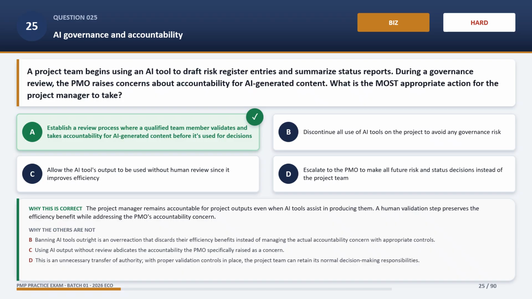Using AI output without review abdicates the accountability the PMO specifically raised as a concern. Escalate to the PMO to make all future risk and status decisions instead of the project team is incorrect. This is an unnecessary transfer of authority. With proper validation controls in place, the project team can retain its normal decision-making responsibilities.